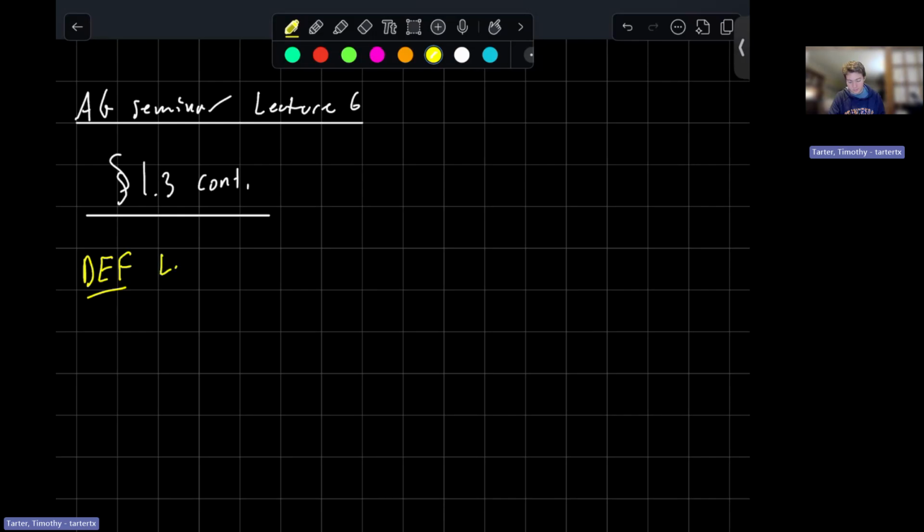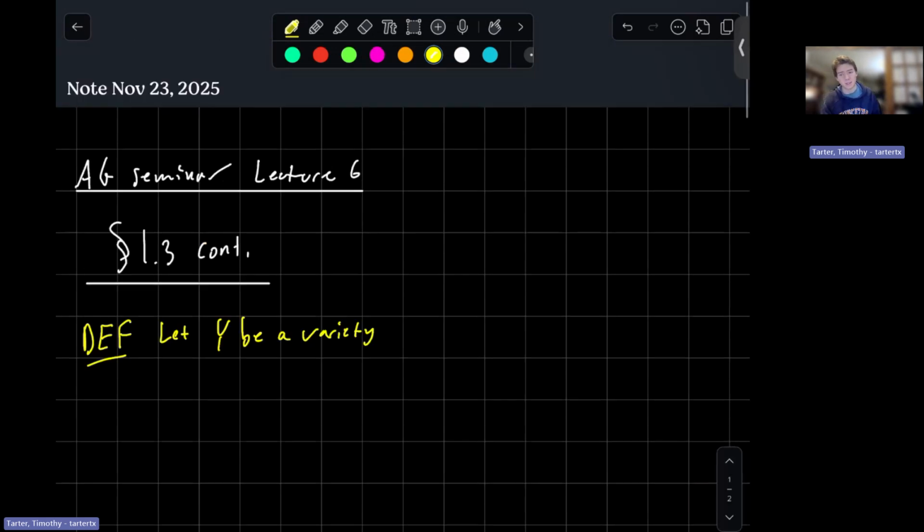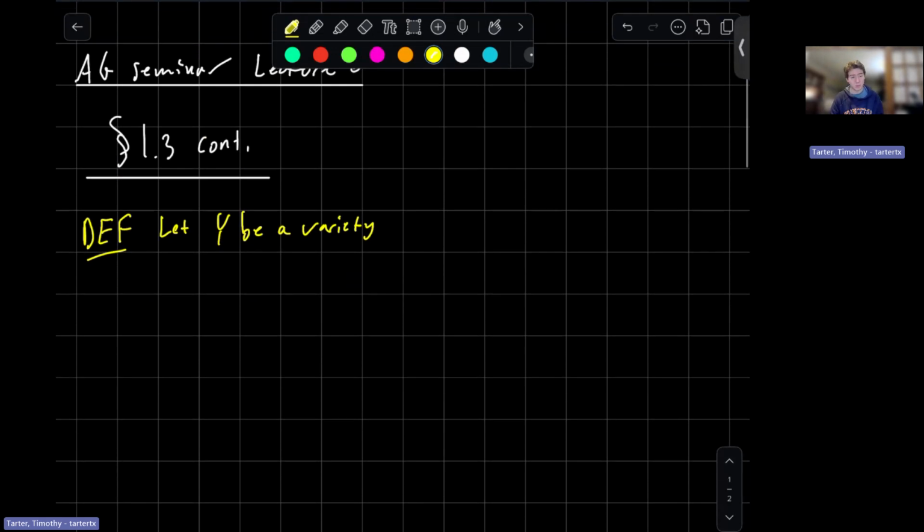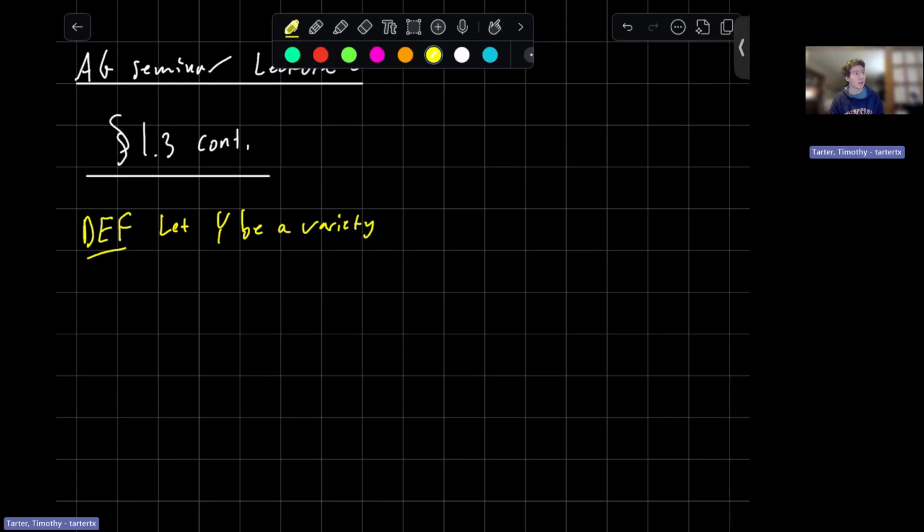So, let Y be a variety. We don't specify affine, quasi-affine, projective, or quasi-projective. Here we're just talking about the category of varieties, and this definition is going to work.